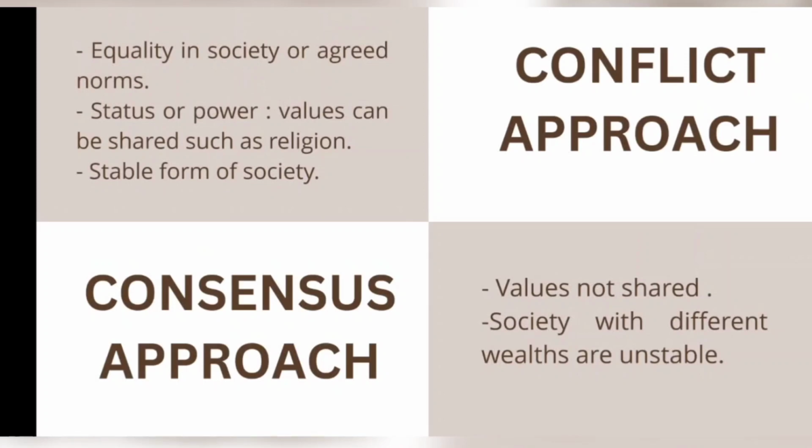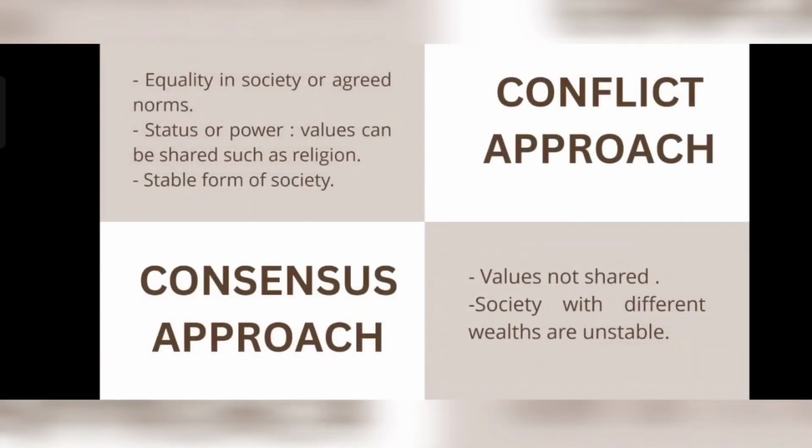As for a stable form of society, whenever you adopt the consensus approach, you are basically forming a stable, systematic society that is going on a smooth path. Everybody is following the rules and regulations, and there are no disputes among anybody.